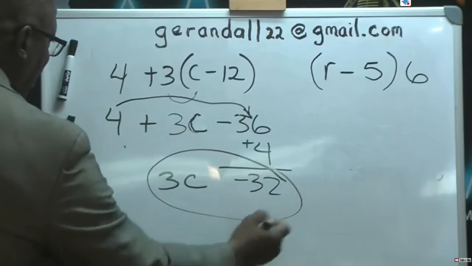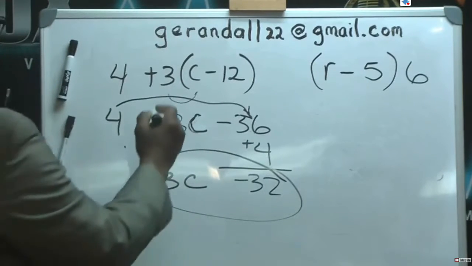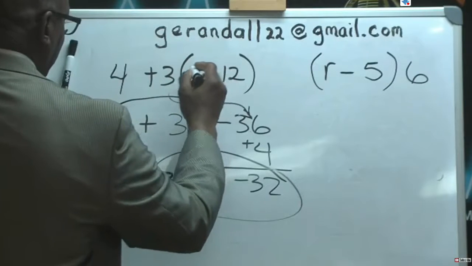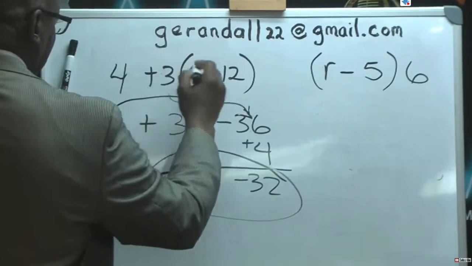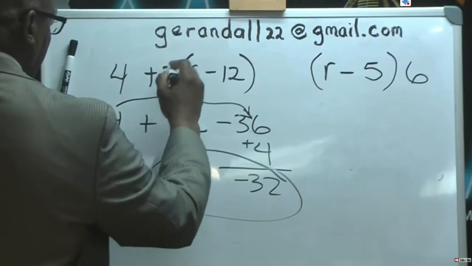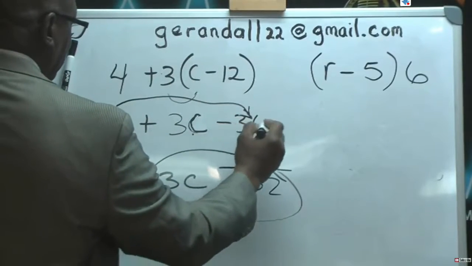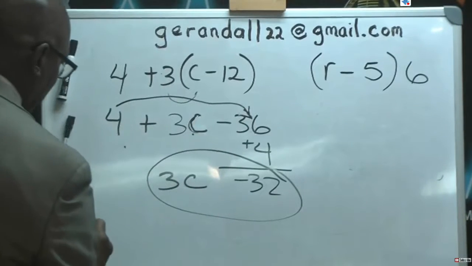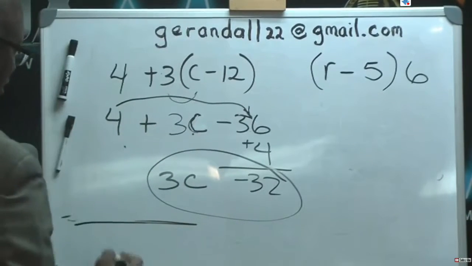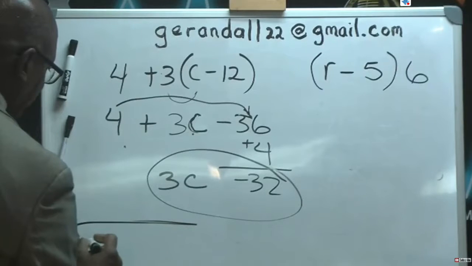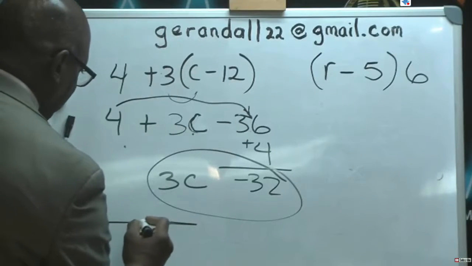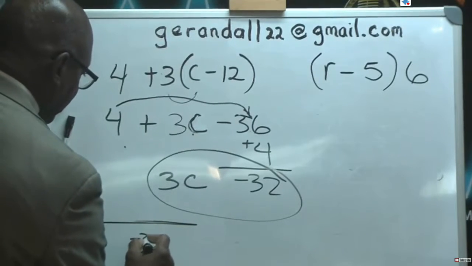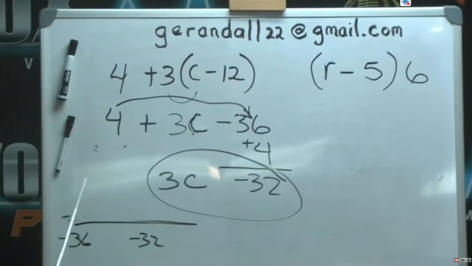But that would be your final answer. We took care of the distributive situation where we multiplied 3 times C, got 3C, 3 times minus 12, minus 36. We combined like terms. I showed you on the number line where we started with the negative 36 and counted back 4 units to a negative 32. Final answer, 3C minus 32.